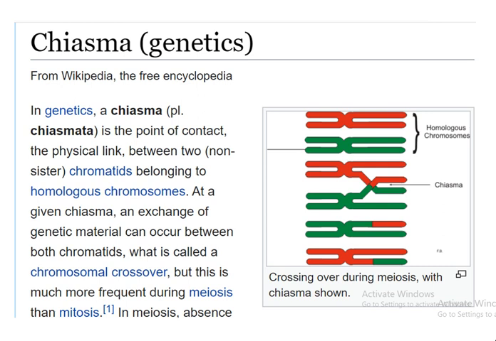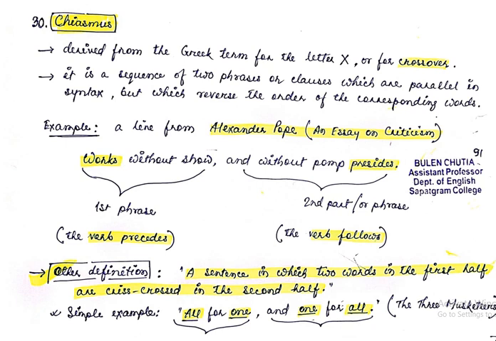Now coming to our term chiasmus. It is derived from the Greek term for the letter X and for crossover. We could notice it in chiasma as well: the form of the letter X and the word crossover.